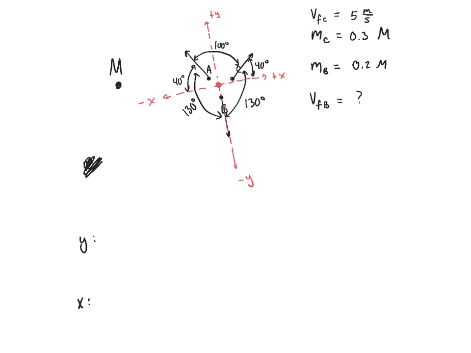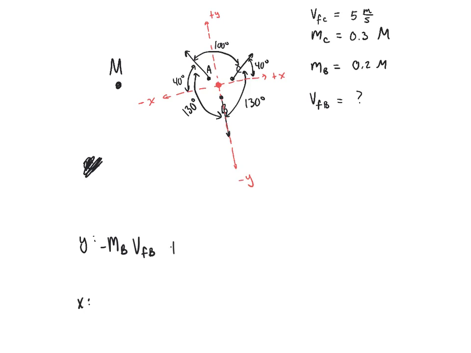So the particle that's B, mass B, goes directly in the y direction. And we know that momentum is m times v. So you've got the mass of object B times the velocity of object B at the end. And that's going to be in the negative direction, so I'm going to put a negative sign out here.